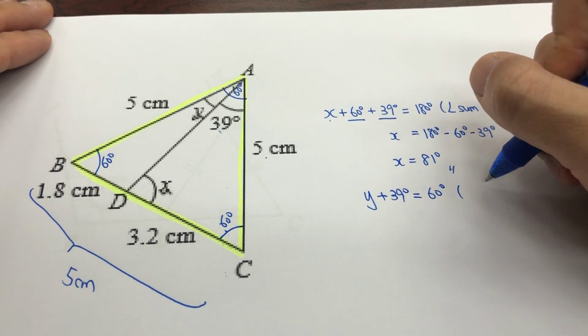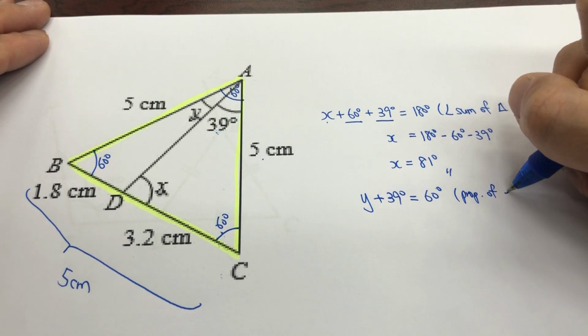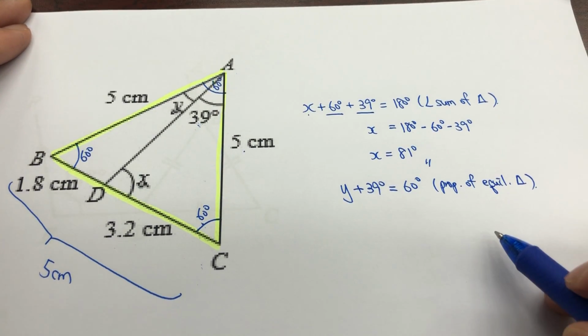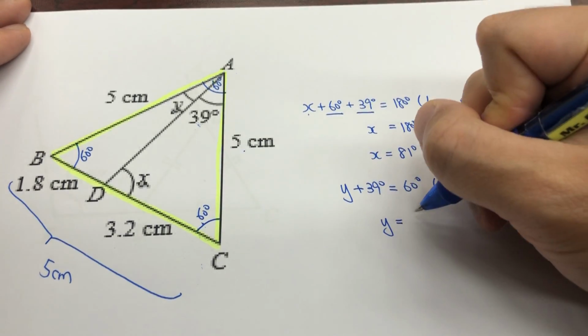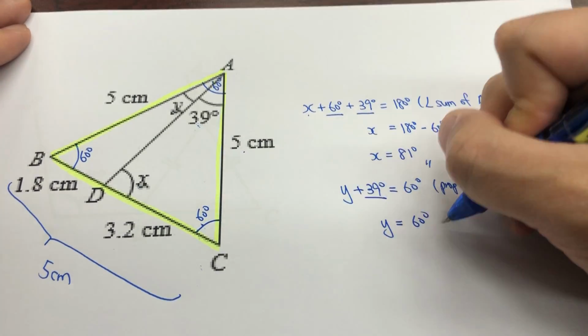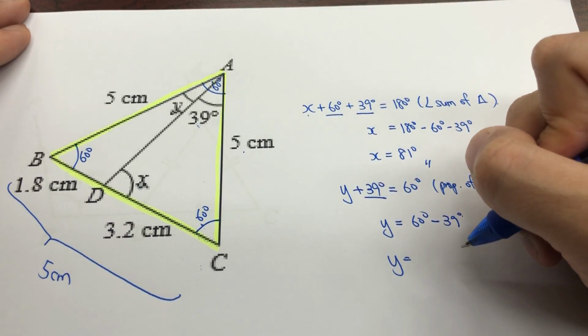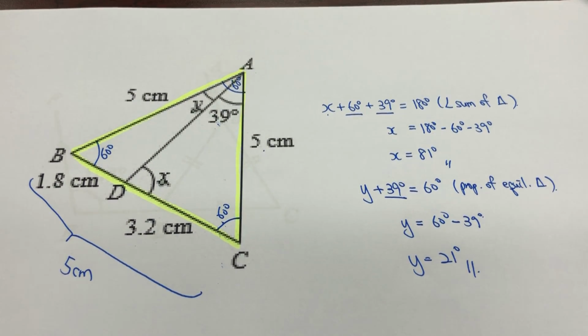And you may also use that recent property of equilateral triangle. So y equals 60 minus 39 degrees. y equals 21 degrees. Okay? So this is the property of equilateral triangle.